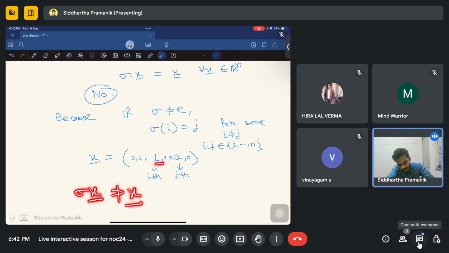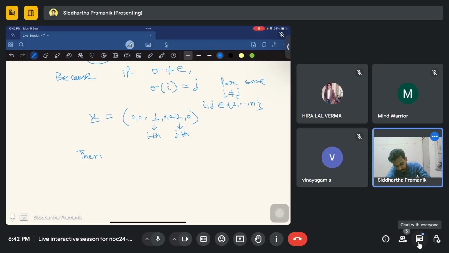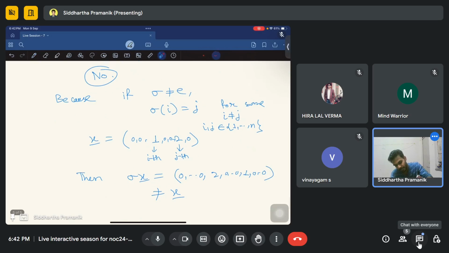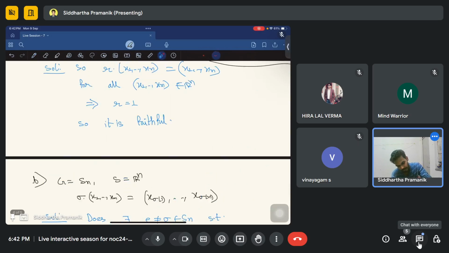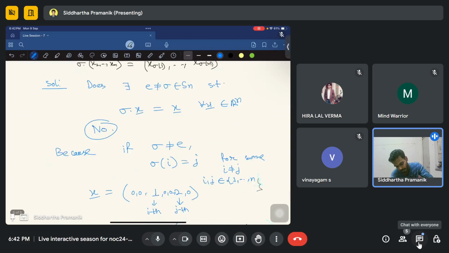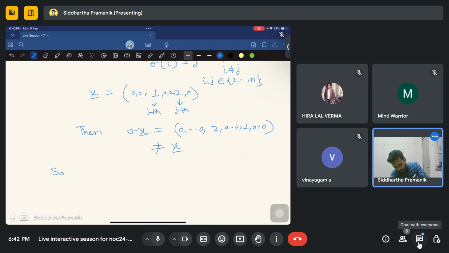Because the ith coordinate and jth coordinate are interchanged. So sigma of x is (0, 2, ...), so this is not equal to x. So the only element that satisfies this definition is the identity permutation. So it is also faithful. So it is a faithful group action.